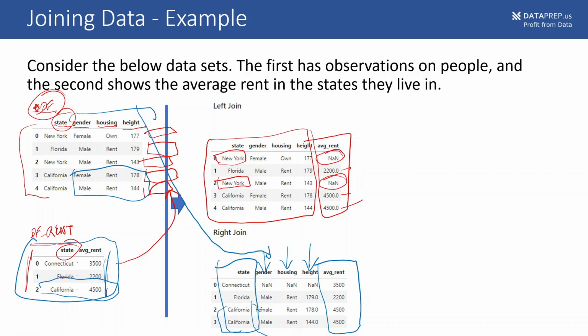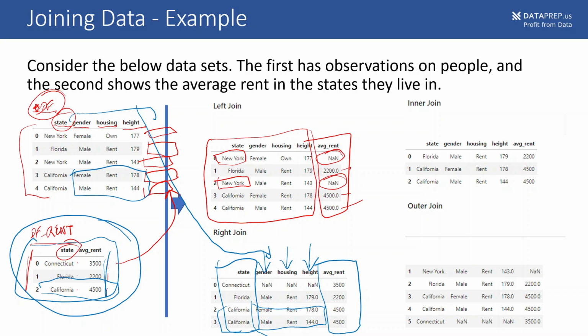So this is an example of a right join because I made this data set to be primary. Let's look at an inner join. An inner join, as I explained earlier, is really just an intersection of both of the data sets. Let me get rid of some of the ink.